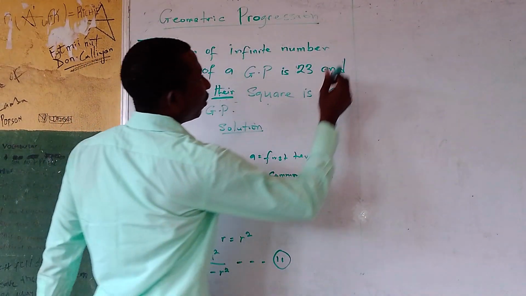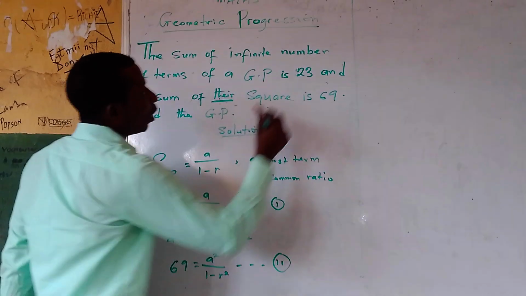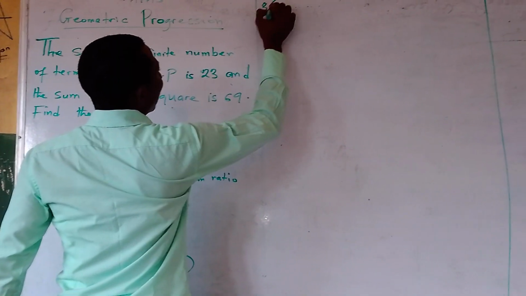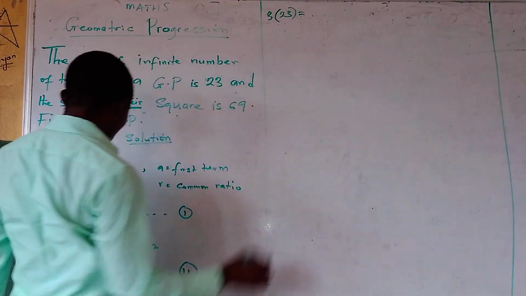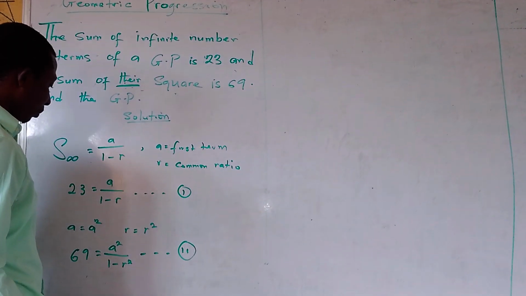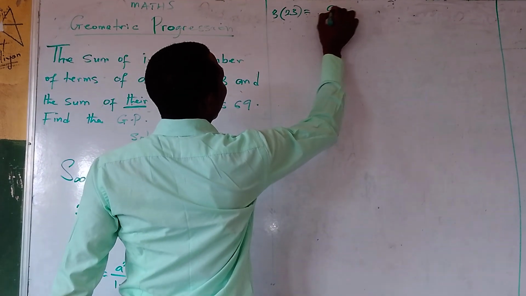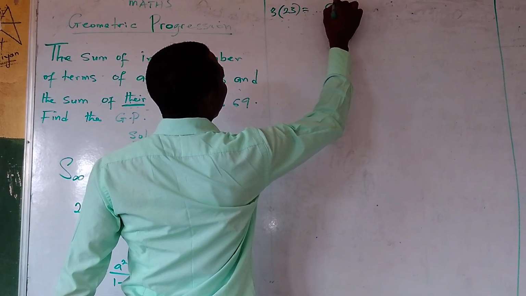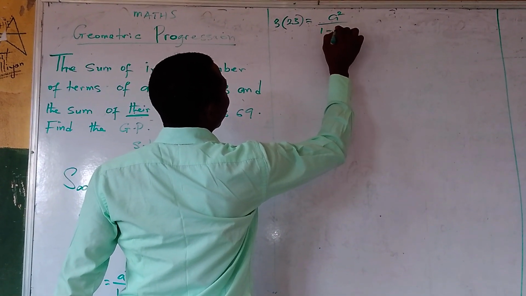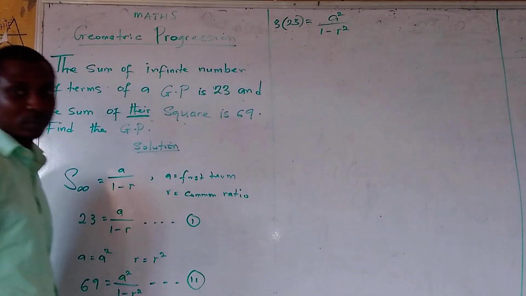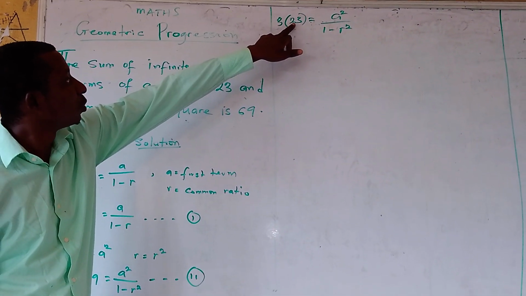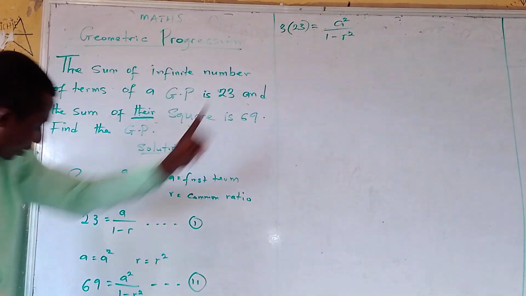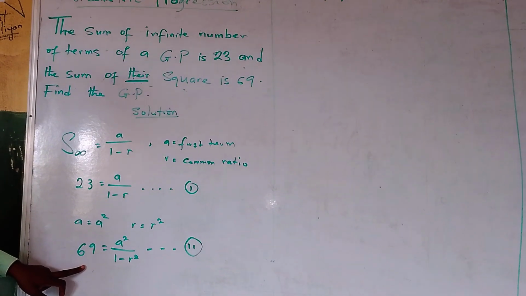So this is going to give me 3 times 23 equals A squared all over 1 minus R squared. So that is what we have. Now this 3 times 23 is the same thing as 69.